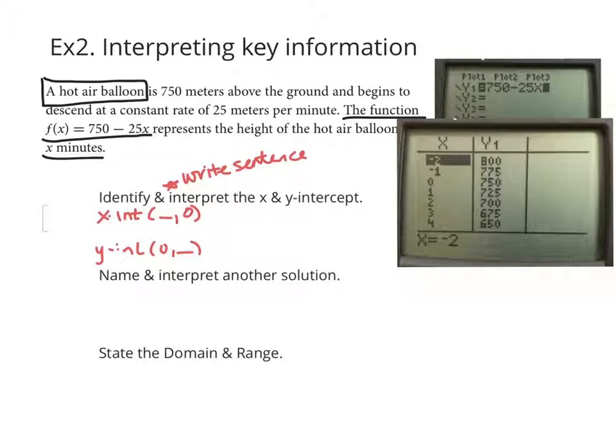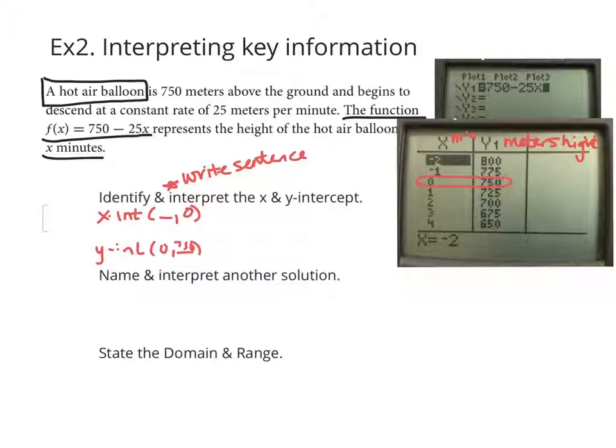So I notice on my screen right now, I already have this y-intercept right here, and it is 0, 750. So I want to write a little sentence to interpret what that means. And I know if I go ahead and label my table here, that x stands for the number of minutes, and that y is going to stand for the meters high, or the height of the hot air balloon.